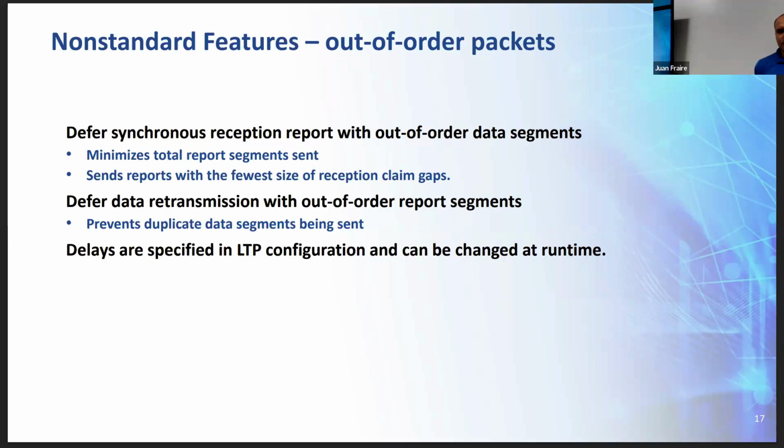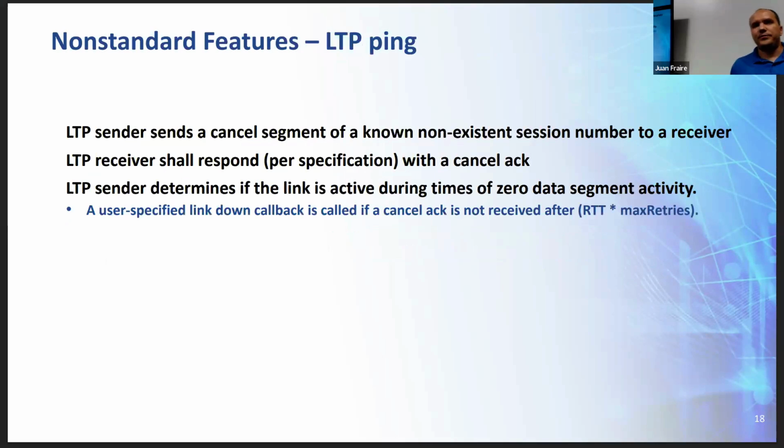Now, these are very small delays that a user can specify in their LTP configuration, and you can also change it at runtime. But we're talking maybe a few millisecond delays that you can add in to say, hey, just wait a few milliseconds before you send that report segment out, and let's see if there's some packets coming in out of order, and then we can minimize retransmission in networks that induce out-of-order packets.